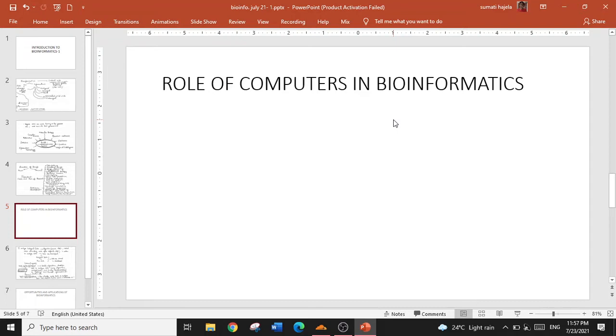So, DNA, RNA and protein structures are strings of these basic units, and these alphabetical strings can be stored in the form of binary language.